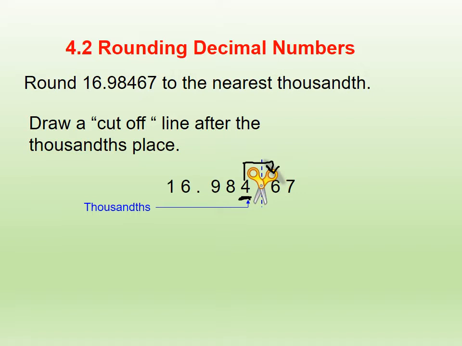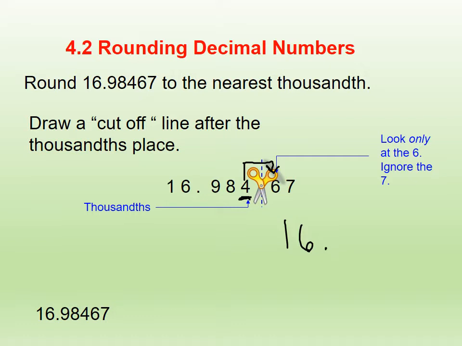So that 4 will turn into a 5. Now you no longer need the 6. So you end up with 16.985, that number rounded to the nearest thousandth place.